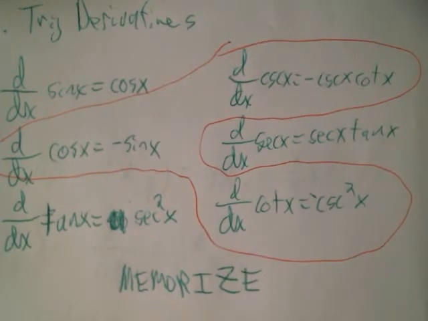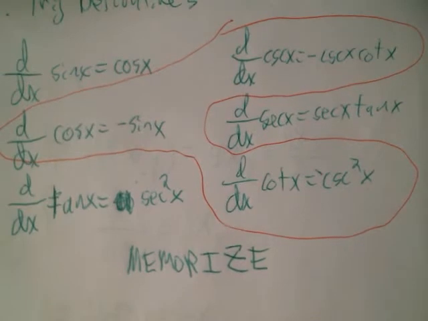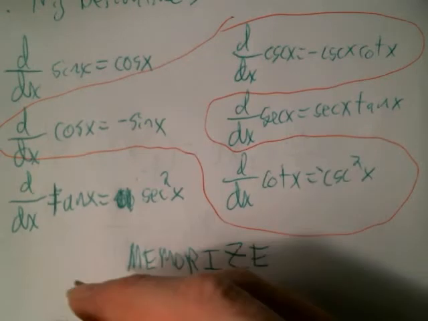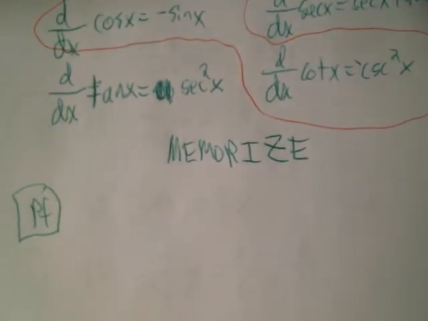Say them over and over in your head. Write them out 100 times before you go to bed. Whatever it takes to make them automatic, so that they are not going to go away. You'll see them again and again and again. In one form or another, you need to have them encoded into your brain. Okay, so anyways, if you use the quotient rule, you can show these things.